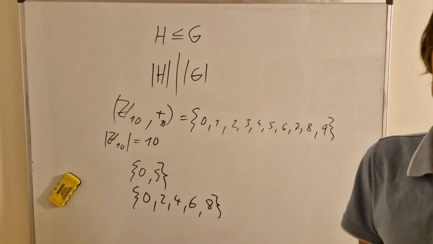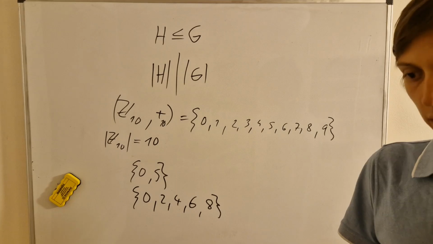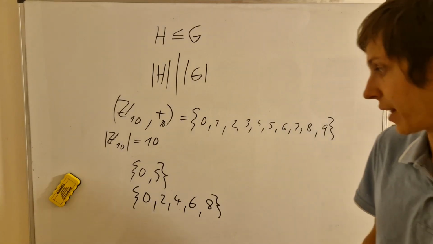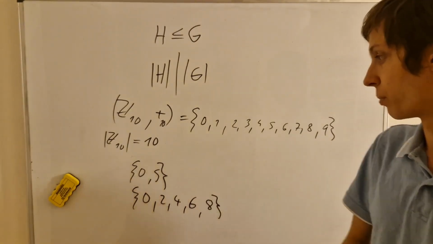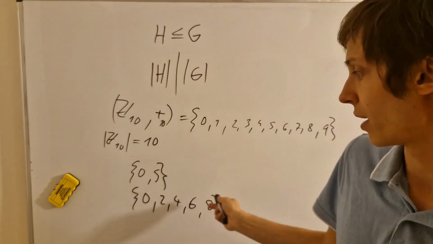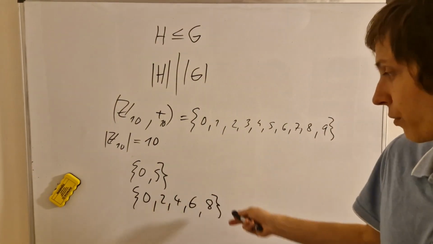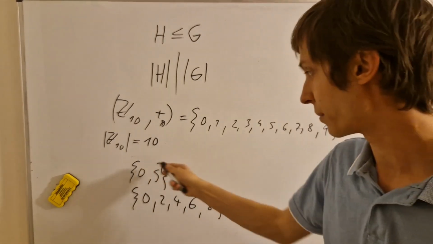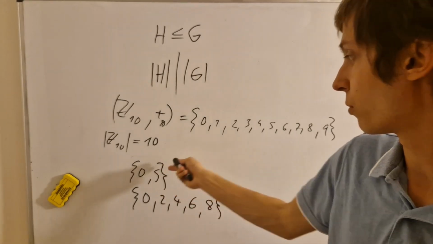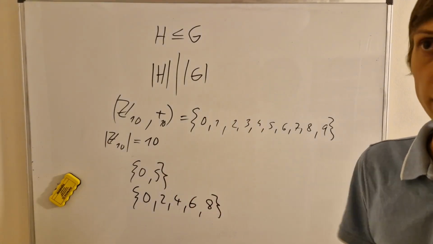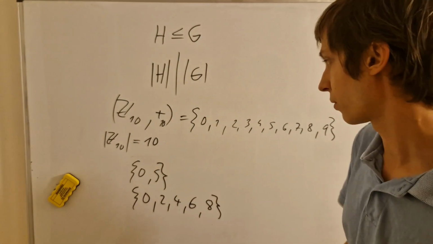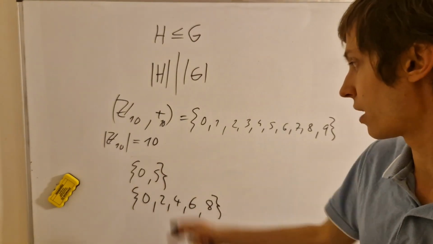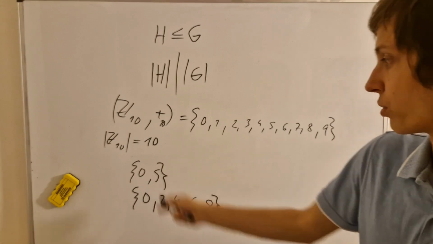Now we can reason out why this works. We need to satisfy the axioms of a subgroup again. Any two added elements must end up in the group again, which happens both here and here. Here, {0, 5}: add it and it's still 5. There's not much space for another example. 5 plus 5 is 0, 0 plus 0 is 0, 0 plus 5 is 5.